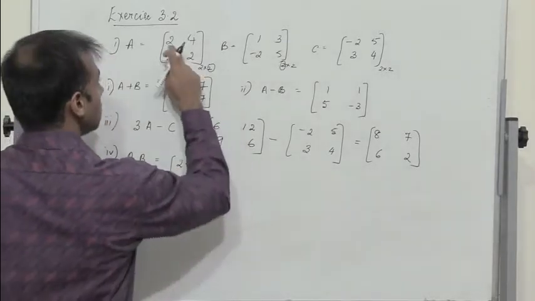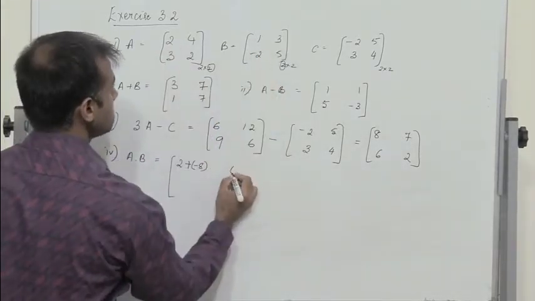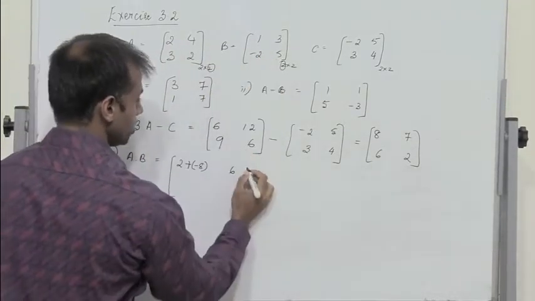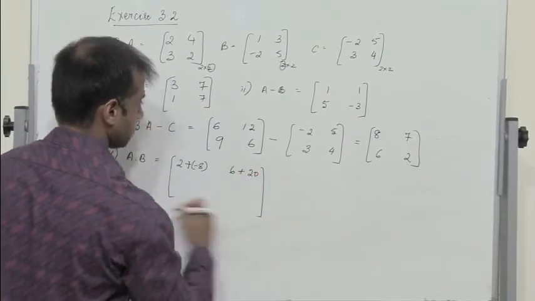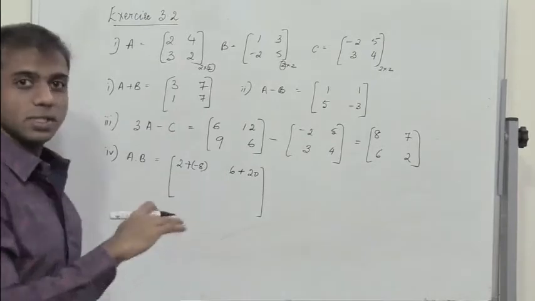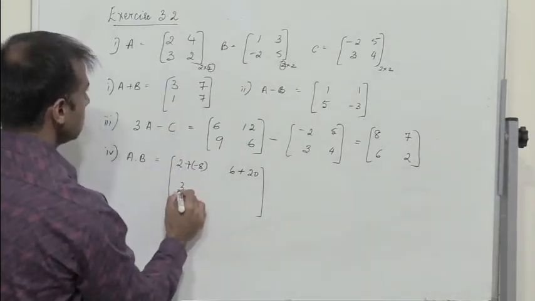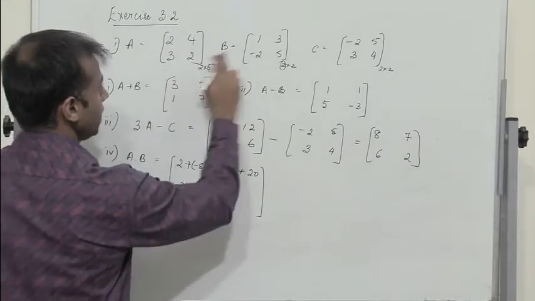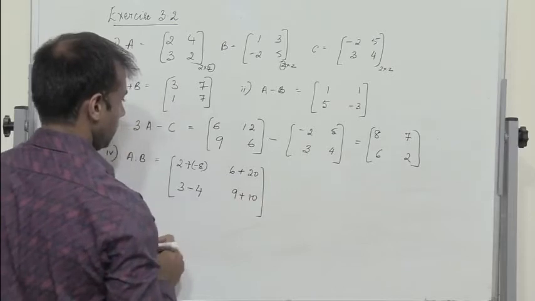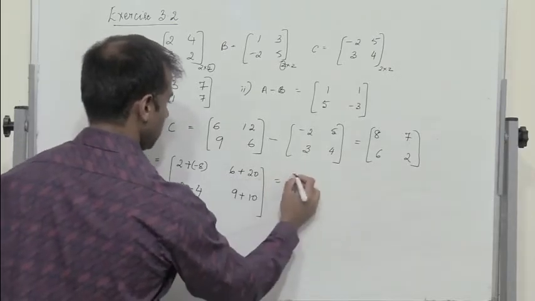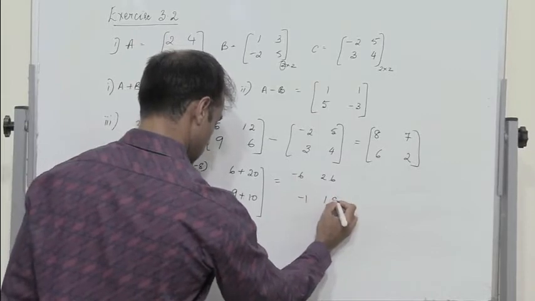Next, the elements of the first row with the second column, that is 2 into 3 is 6 plus 4 into 5 is 20. Next, the elements of the second row with the elements of the first column, 3 into 1 is 3 minus 4. So then I get 3 into 3 is 9 plus 10. So finally we get minus 6, 26, minus 1 and 19.